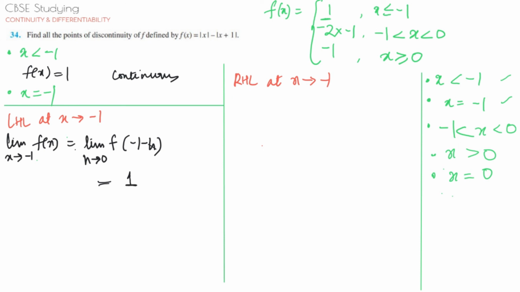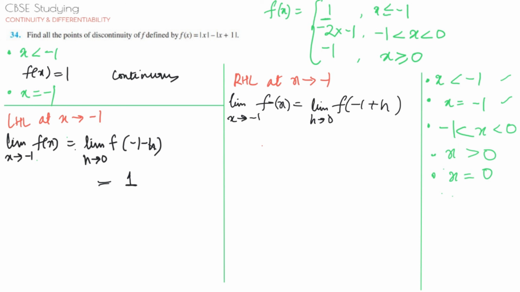RHL at x equals to minus 1, limit x tends to minus 1, f(x), limit h tends to 0, f(-1 + h). When x is greater than minus 1, what function are we going to choose? We are going to choose -2x - 1.